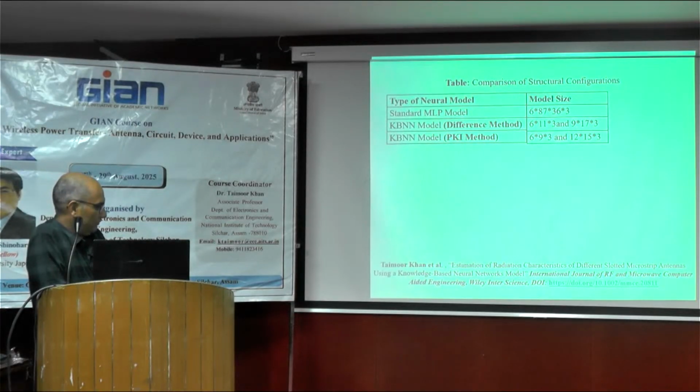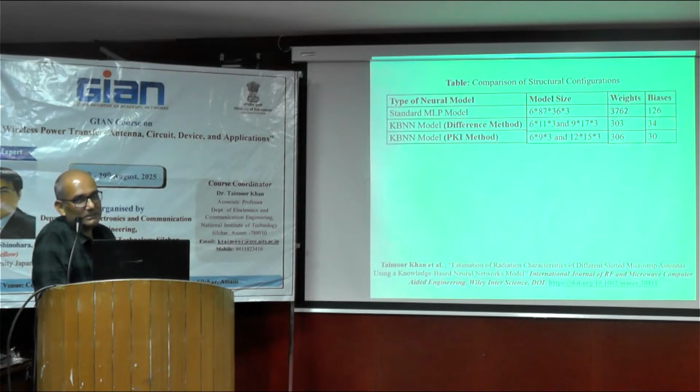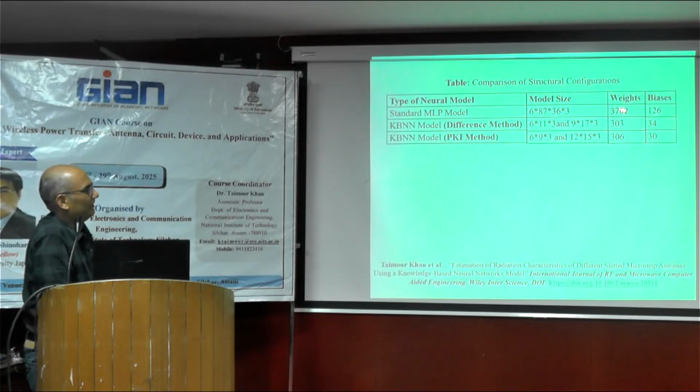The number of weights required for the traditional model is 37,762, and in the difference method and the KBNN PKI method, you can see how drastically it is reduced. The computational resources required are very small compared to the earlier traditional one.